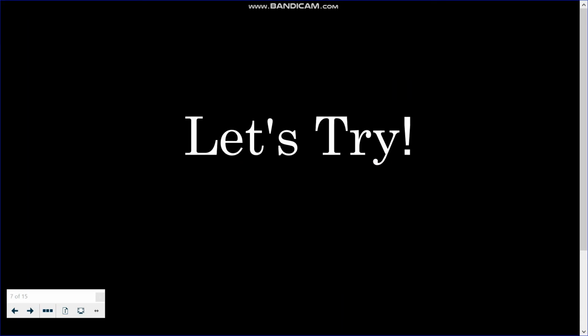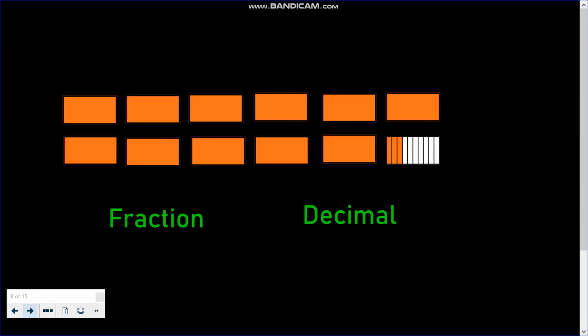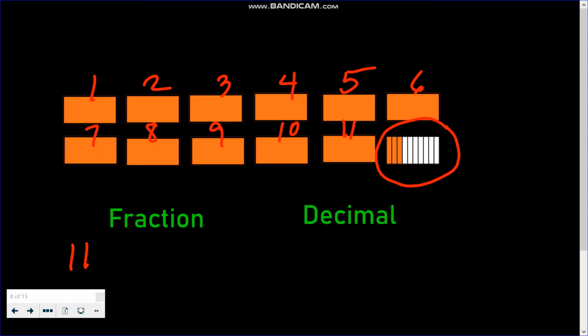Now let's try to find the fraction and decimal equivalents of the following pictures. Let's first count the number of wholes. So we have 1, 2, 3, 4, 5, 6, 7, 8, 9, 10, 11. So there are 11 wholes. Now in this part, there are only 3 parts shaded out of 10.